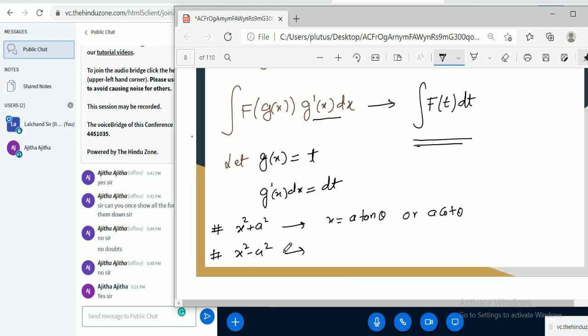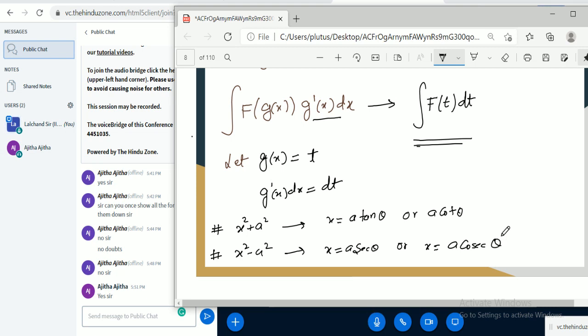Anyone? x square minus a square. x equal to a sec theta or x equal to a cosec theta.